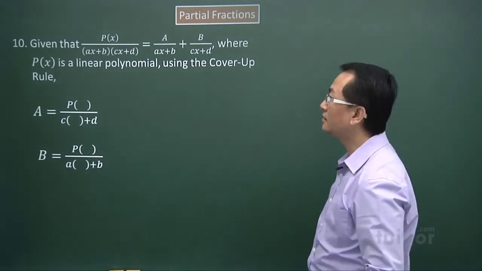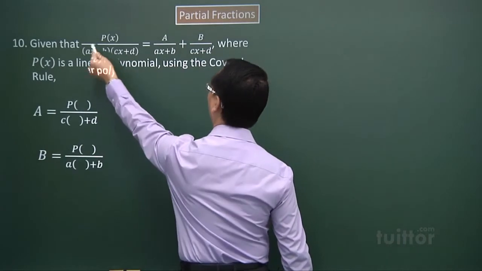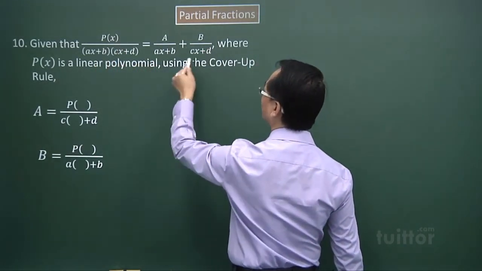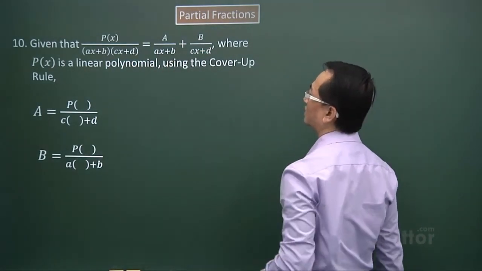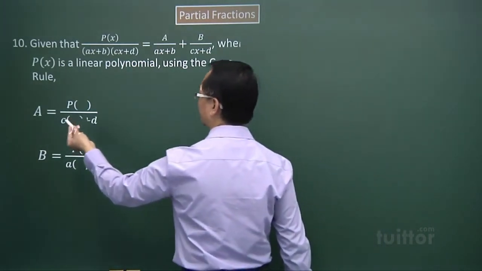Point 9, given this, where we have an algebraic fraction split up into its partial fractions using the cover-up rules, this is what the steps are.